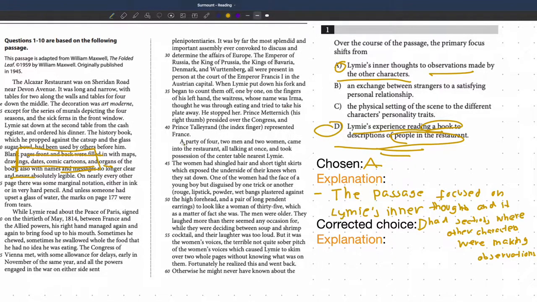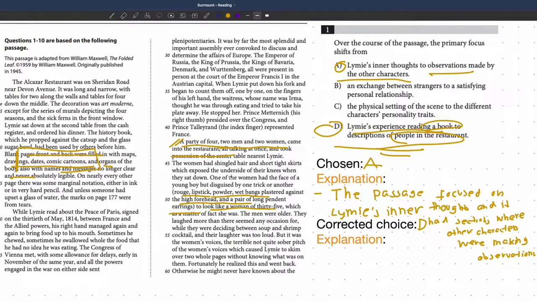Instead, it talks about the descriptions of the people in the restaurant. Here, a party of 4, 2 men and 2 women, came into the restaurant, all talking at once. And if you move down here, rouge, lipstick, powder, wet bangs plastered against the high forehead, and a pair of long pendant earrings to look like a woman of 35, which, as a matter of fact, she was.